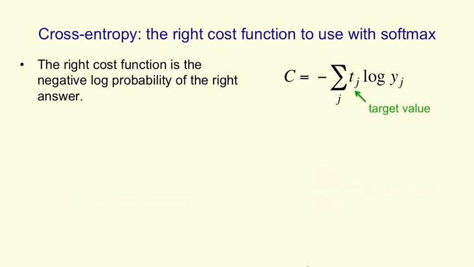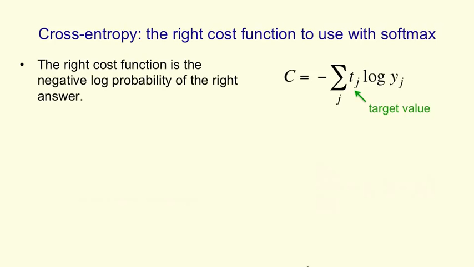Now the question is, if we're using a softmax group for the outputs, what's the right cost function? And the answer, as usual, is that the most appropriate cost function is the negative log probability of the correct answer. That is, we want to maximize the log probability of getting the answer right.